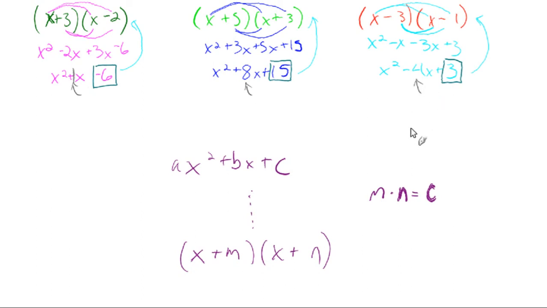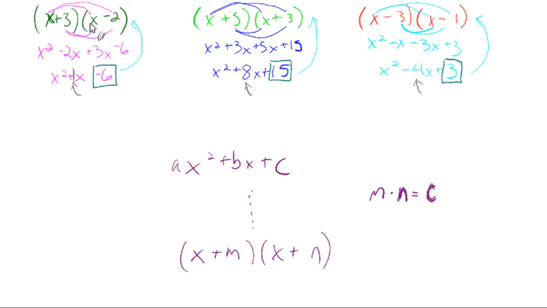Where did that come from? Well, each time you can see we got a negative 3 here, a negative 3x. A negative 1, we get a negative 1x. A positive 5, we get a 5x. Positive 3, we get a 3x. Positive 3 here, we get a positive 3x. Negative 2, we get a negative 2x. Right? That makes sense. If we just look at each one of these, we distributed.